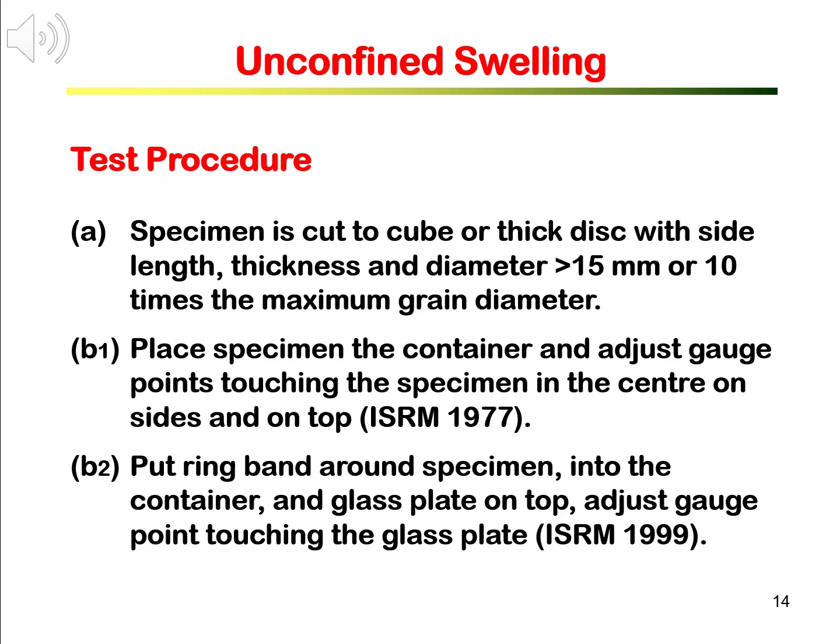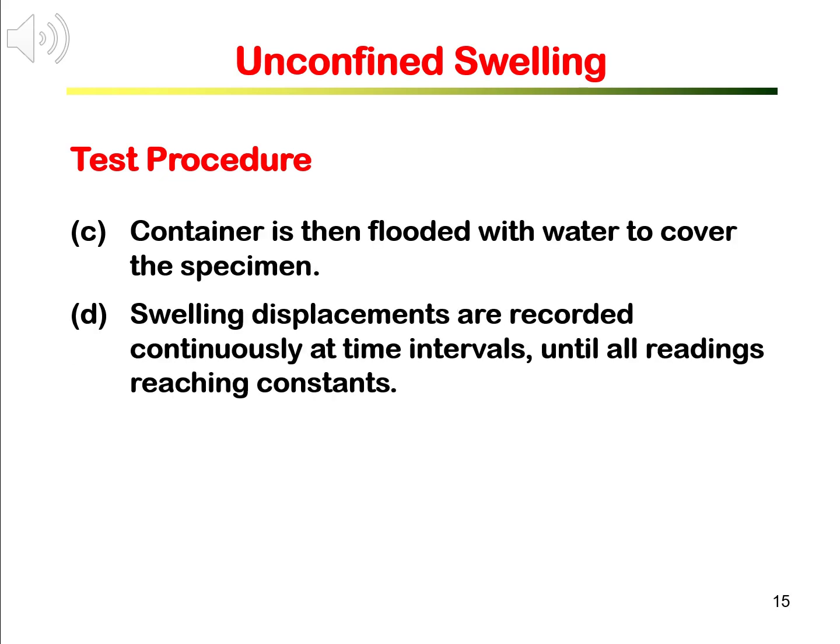Place the specimen and the ring assembly into the center of the container and the glass plate on the top of the specimen. Adjust the axial gauge point touching the glass plate in the center. Now you are ready to start with the test and the measurements.